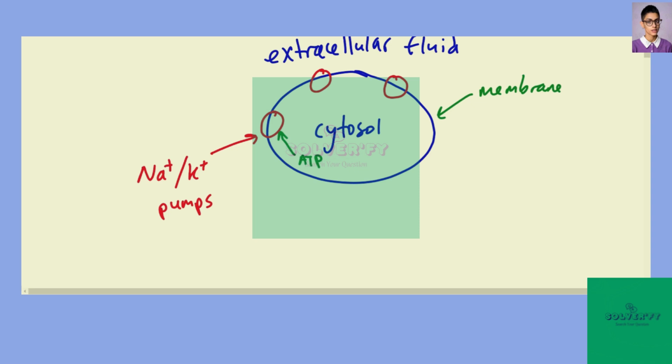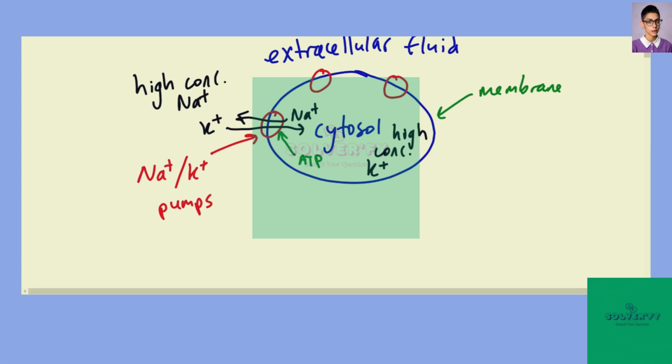It will allow sodium ions to be pumped out and potassium ions to be pumped in. And this maintains a high concentration of sodium ions outside the cell and a high concentration of potassium ions inside the cell. So that means that our correct answer here is answer choice B.